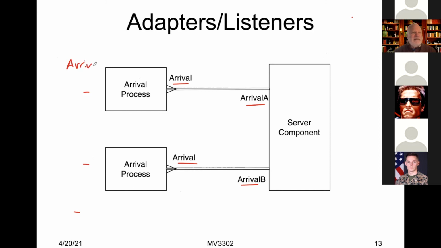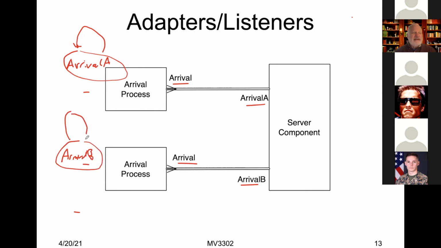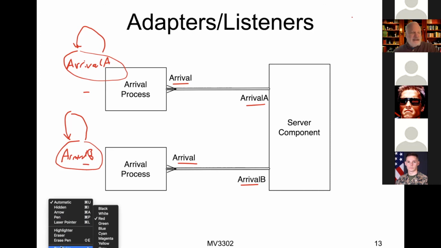arrival A's with their own thing, and then another one with arrival B, and that you absolutely could. Why don't I do that? Because I'm lazy. In other words, I have a perfectly serviceable class in the arrival process that produces a sequence of arrival events.